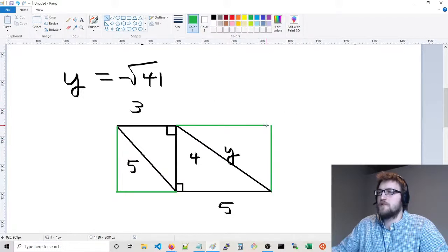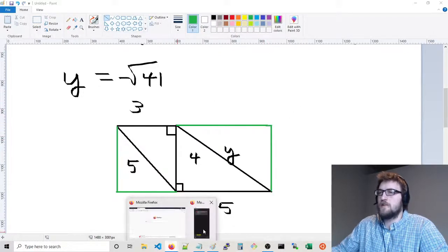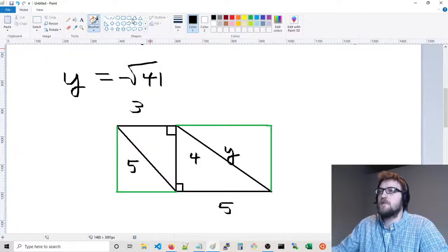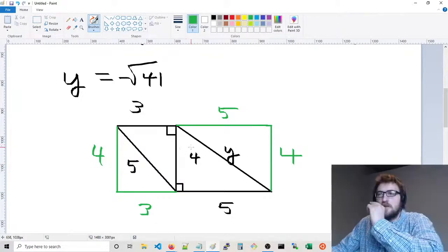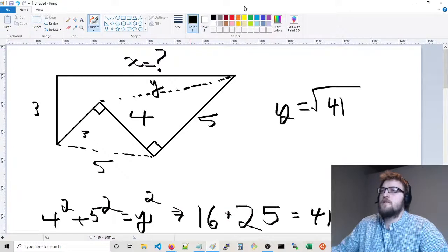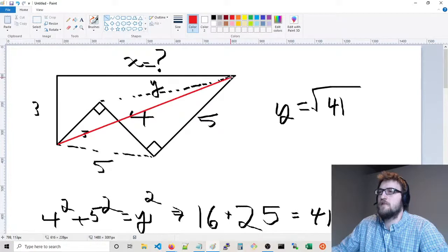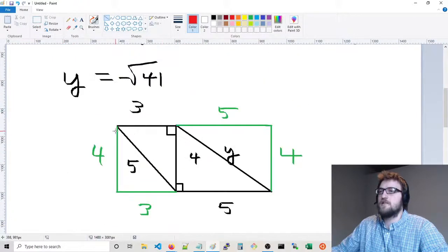And what you realize is that in this picture, this is 5, this is 3, and these are 4. Oh, that's interesting. But not only that, you could draw this line here, from here to here, and you'll notice that is exactly this line from here to here.